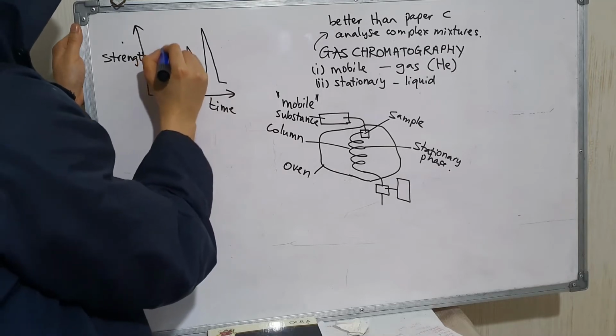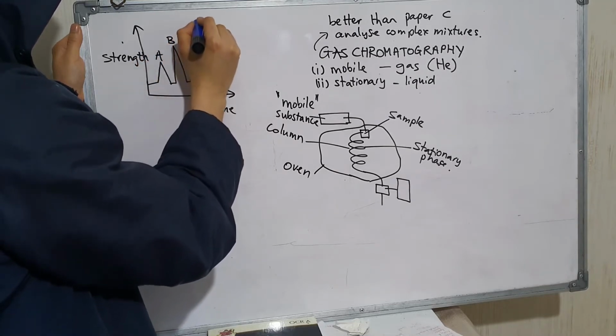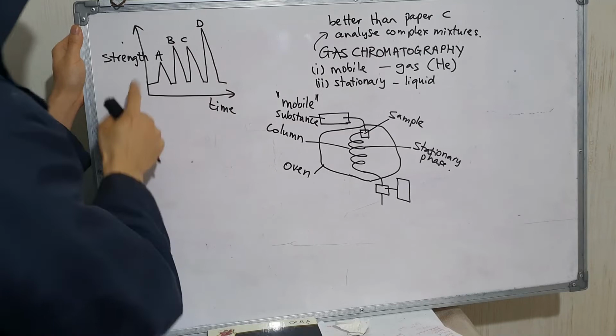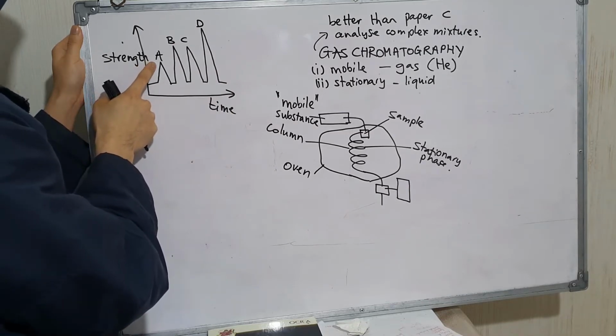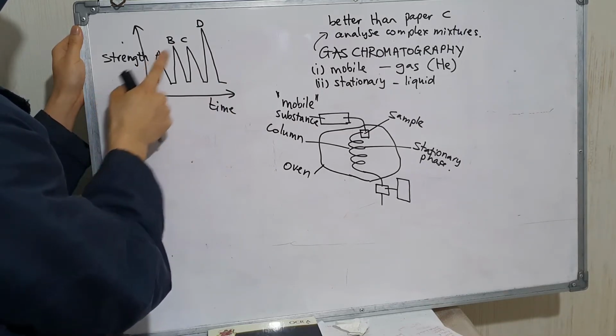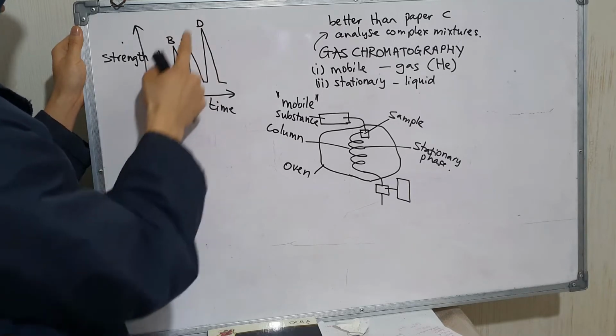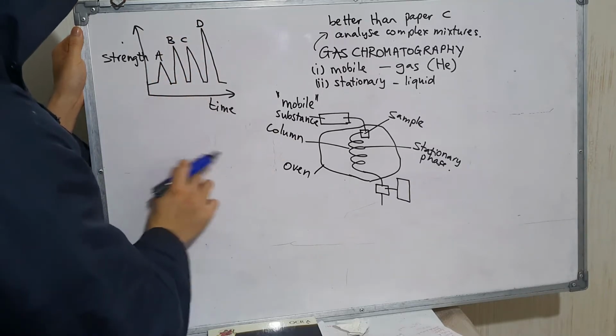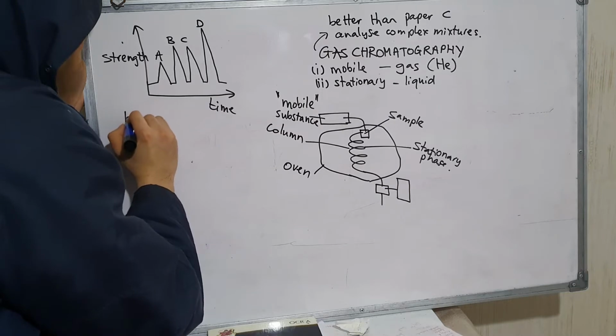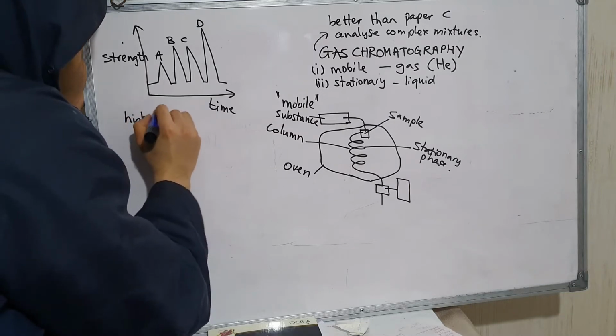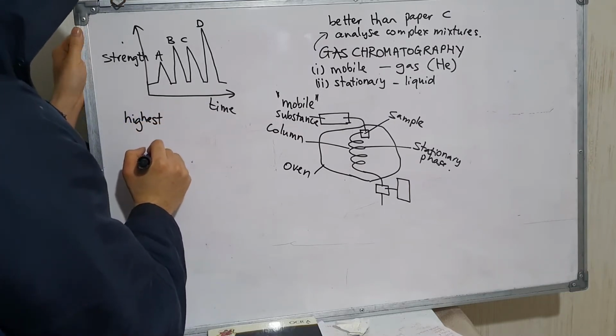Let's just say that's A, B, C, and D. So if you look at A, there's not much of A in that sample. But if you look at D, there's a lot of D in that sample. So the highest concentration is D.